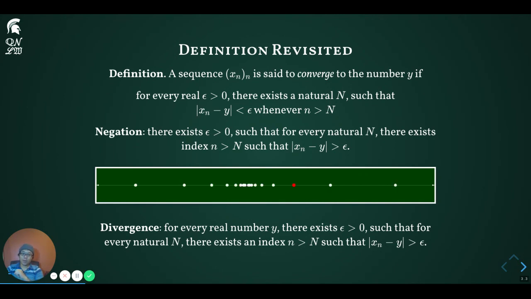For every real value y, there exists a distance threshold epsilon such that for every index capital N, we can find an even later index small n, and the term x sub n corresponding to this later index is more than epsilon distance away from the target y. For your convenience, the formal definitions of convergence and divergence will be given on the usable statements sheet.